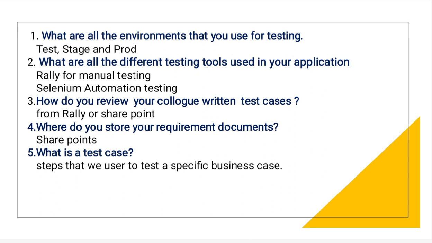Whereas in Agile, we do not have specific requirement documents. The feature itself is a requirement. The feature will have all the details of the requirement, dependencies, risks, mitigations, and it will have all the user stories.